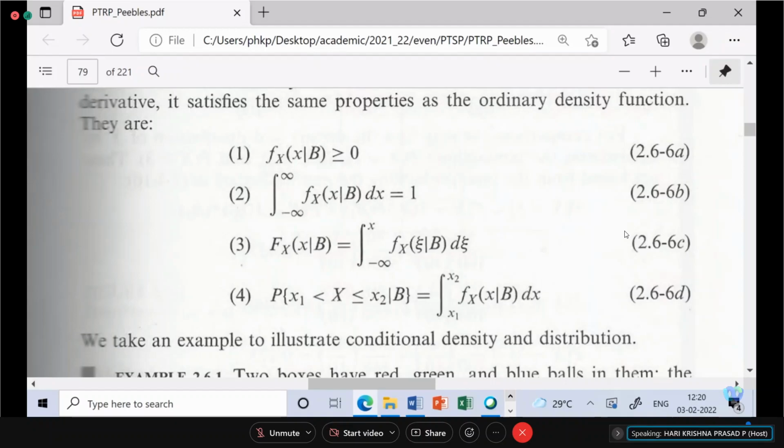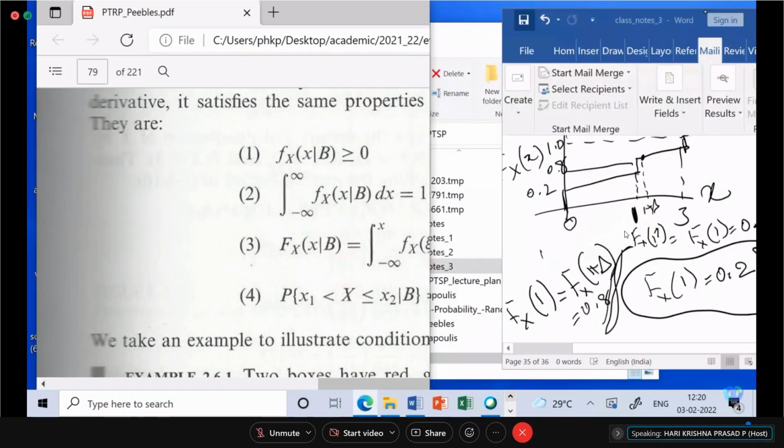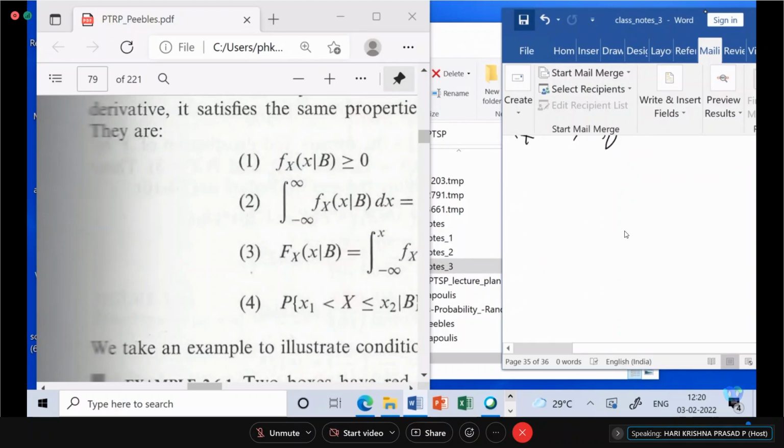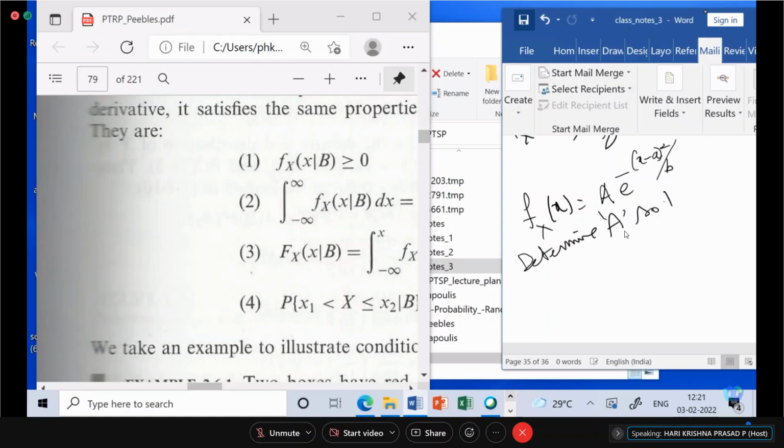So this is a very important property in the context of, you may be given an expression for a density function, something like e power minus (x minus a) whole square by b. Determine a so that f_X(x) is a valid probability density function.